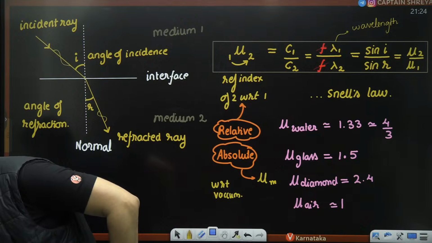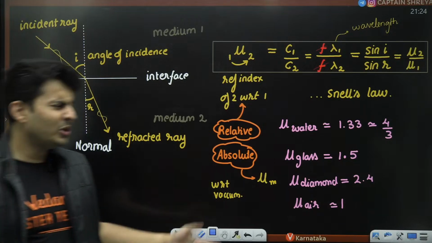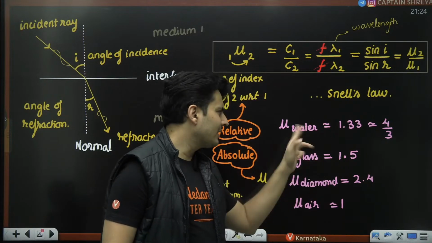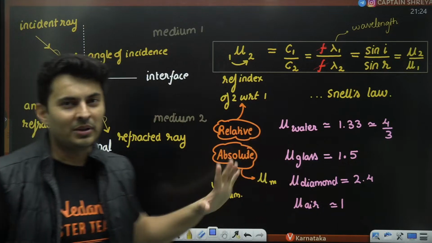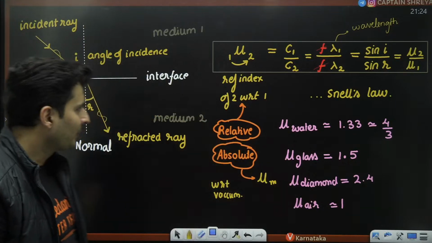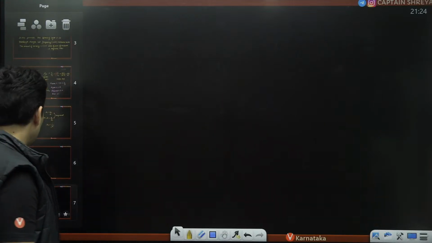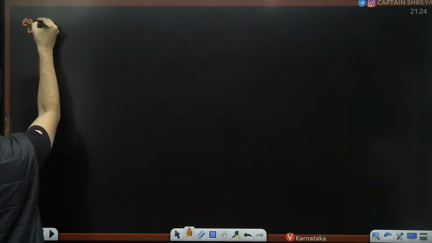I think it will be better if you remember them sometimes, but you usually need not. Usually the standard things they give are glass and water. Diamond and all are not needed. Air is very obvious, like 1 only. So there is not much to remember, but it is better if you remember it. That's all. Let me show this to you by taking some examples, guys.